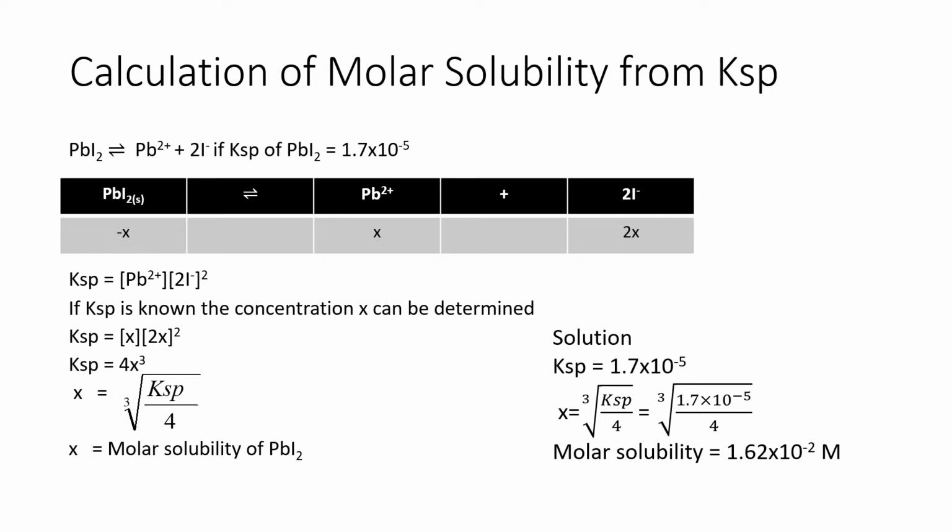So if you are given Ksp values, you can find out the value of X here, which is also equal to the number of moles of lead iodide. In this case, the coefficient is 1 over here, and here it's 1. Therefore, that's what we're looking for.